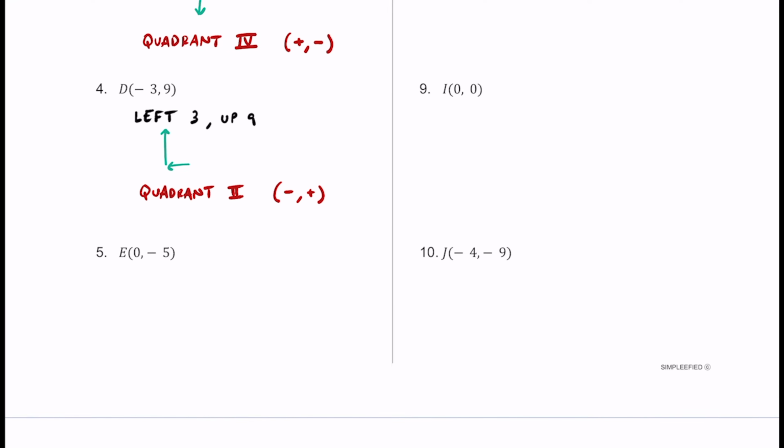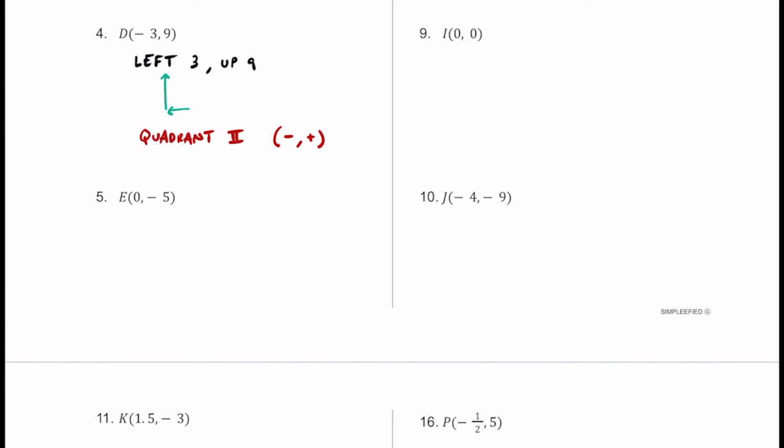For number 5, we have point E, which is located at 0, -5. In terms of the first number 0, you could say left or right. It doesn't really matter for this case. So that 0 really means that we're going to move left 0 or right 0. Either one's fine. And then that -5 means we're going to move down 5 units. So we're not going to move left and right, and then we're just going to move down from the origin.